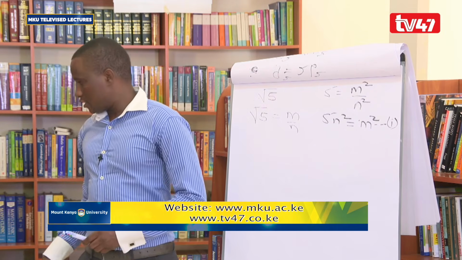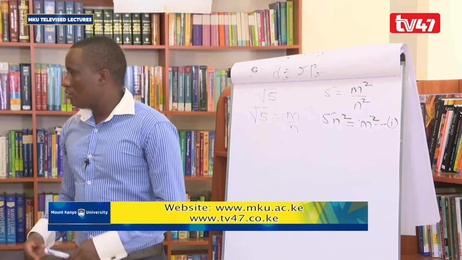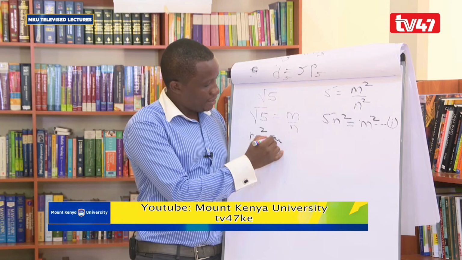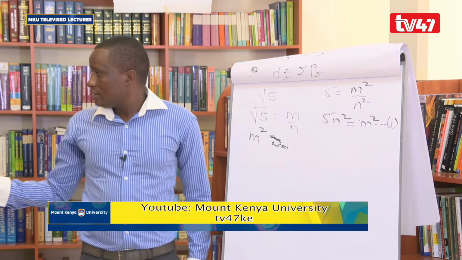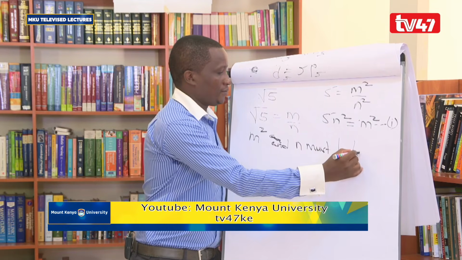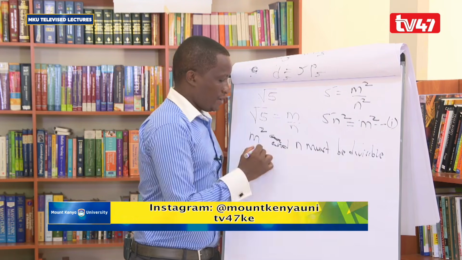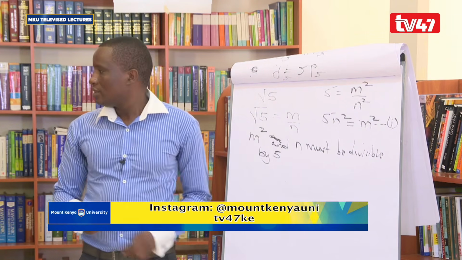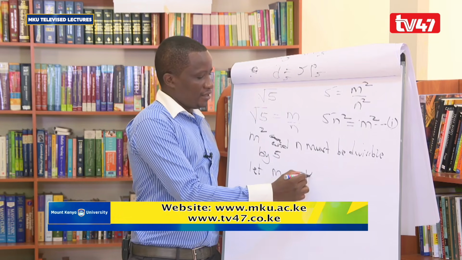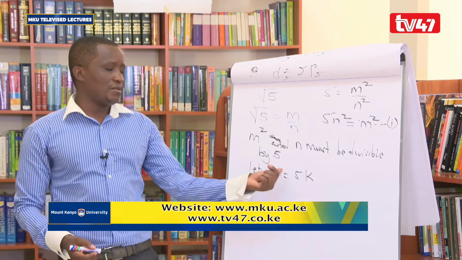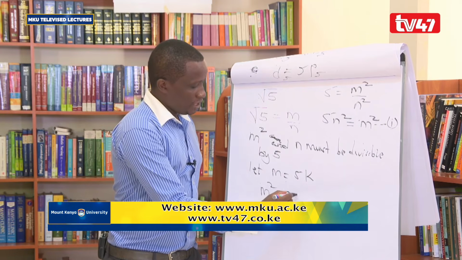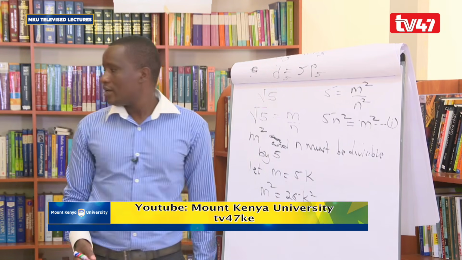So in another representation, from 1, m squared and m itself must be divisible by 5. Let, again, m be defined by 5k, because we've seen that m is a multiple of 5. So we have m squared is equal to 25k squared by squaring both sides.